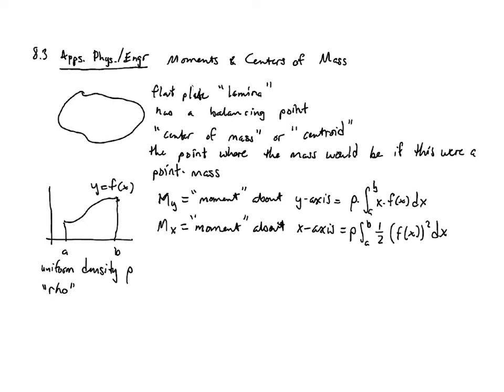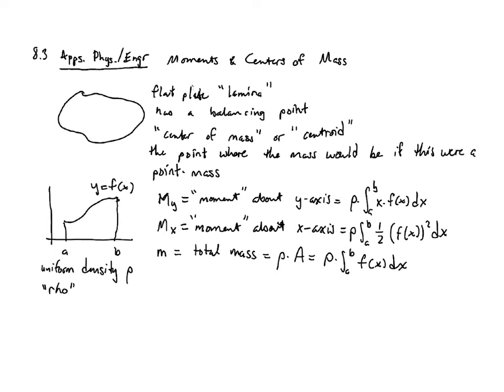Now the total mass of the lamina can be obtained as taking the density of the material times the area of the lamina. That's because the density is uniform, and so one can get this as rho times the integral from a to b of f of x dx.